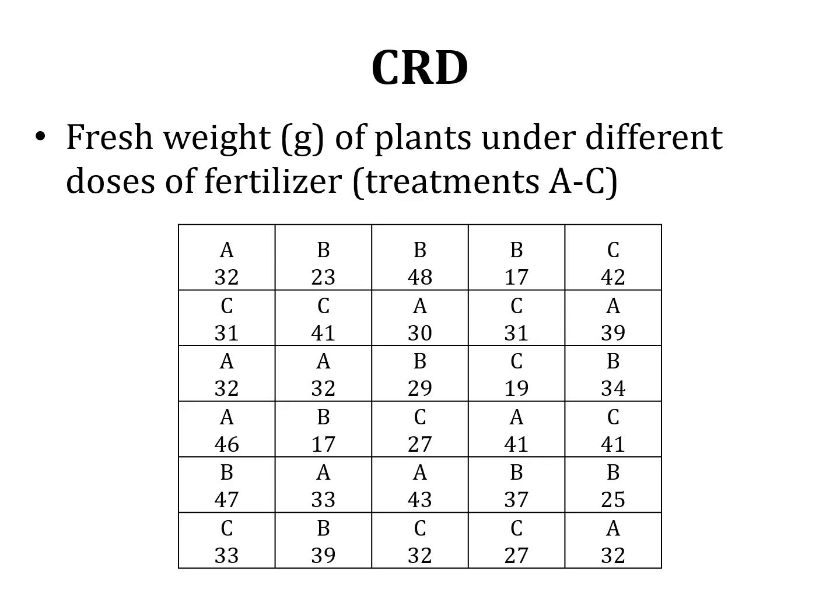The first condition is local control, and the local control was exercised by putting these parts under homogeneous environmental conditions to reduce the experimental error. And then the condition of replication, and you can see that there are enough replicates in this experiment. There are 3 treatments and there are 30 plants, and each treatment is applied 10 times. So there are 10 replicates of each treatment.